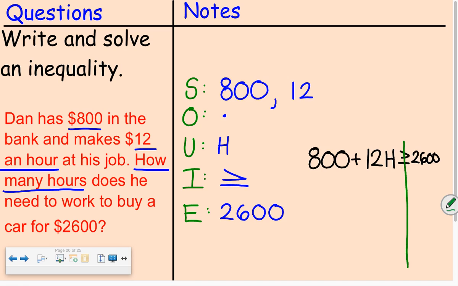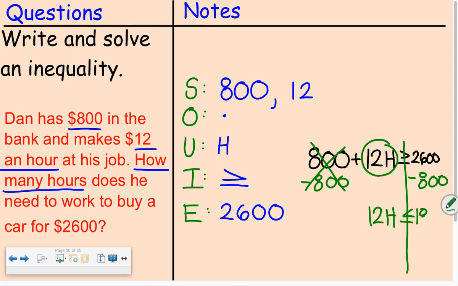All right, so we're trying to solve for h, so subtract 800 on both sides. So those cancel. And then 2,600 minus 800 is going to give me 1,800. Divide both sides by 12.